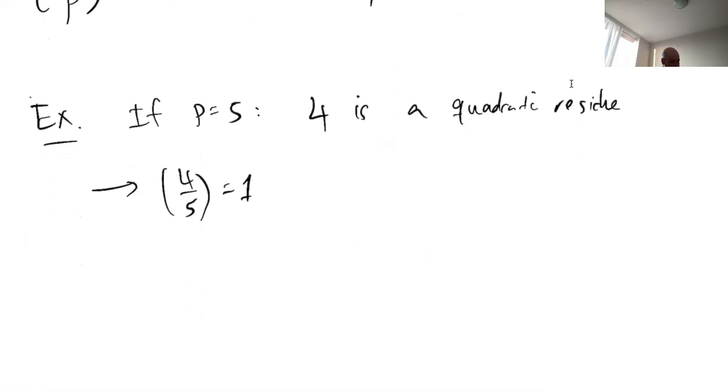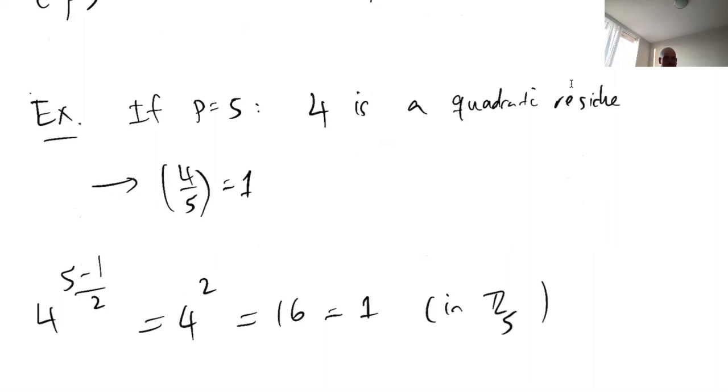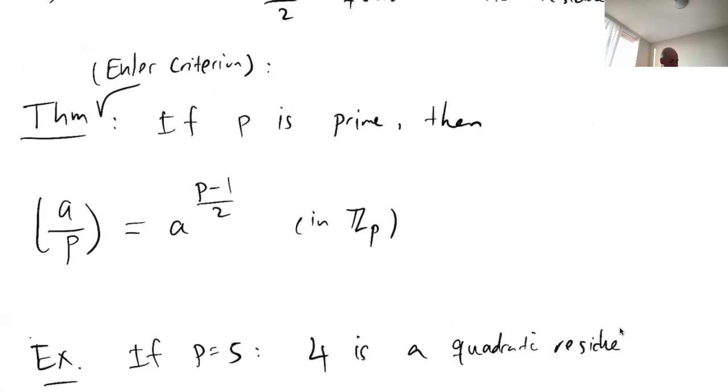So what about the other side? 4 to the power (5 minus 1) over 2 means 4 squared, which is 16, which is equal to 1 in Z_5. 16 and 1 are equal in Z_5. And 4 over 5 is also 1. So 4 over 5 is equal to 4 to the power (5 minus 1) over 2.